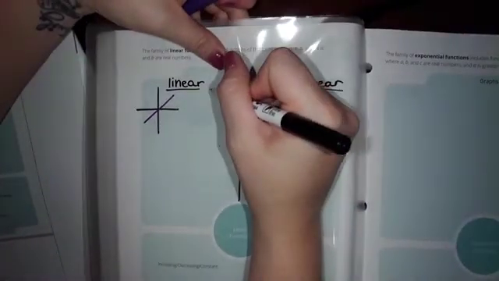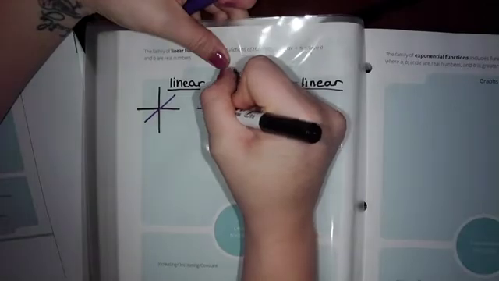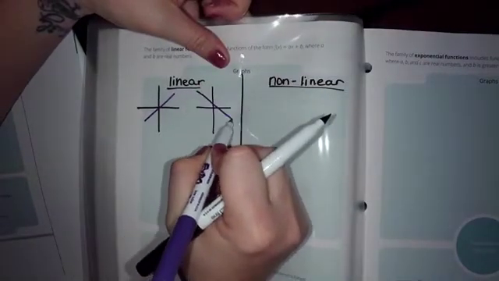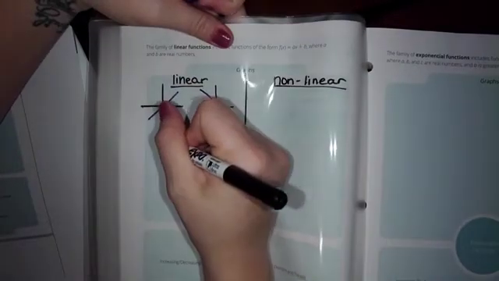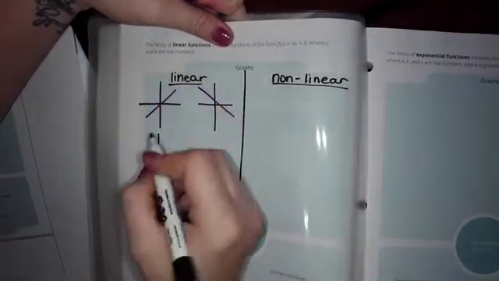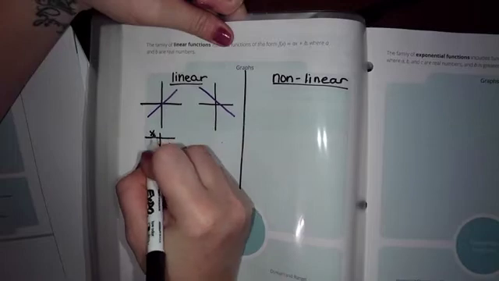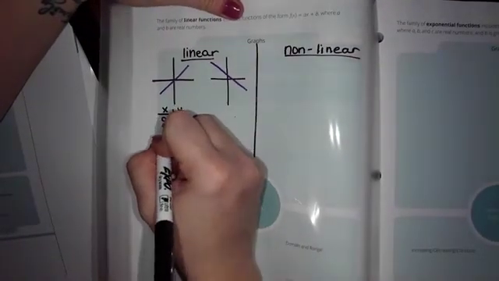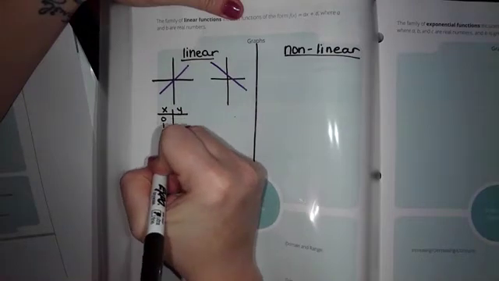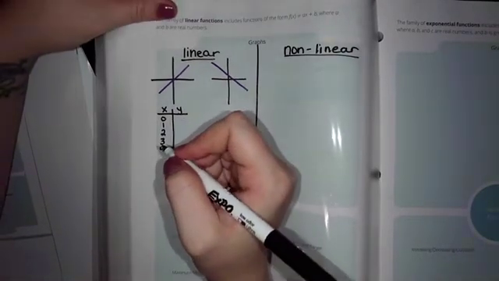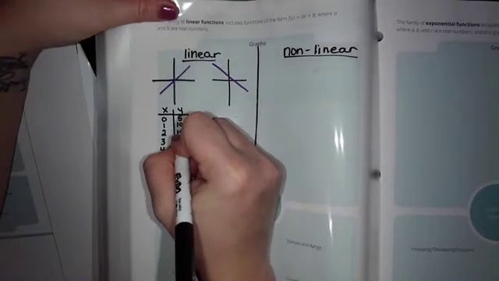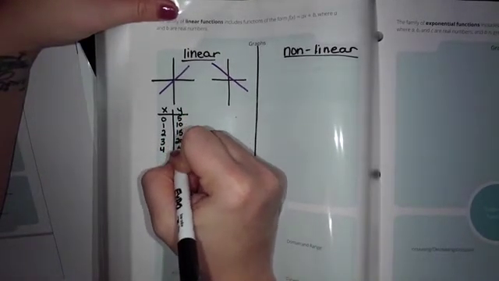Notice it has a straight line, so that's what makes it linear. Okay, you can also have a decreasing function. So x, y, so if I have 0, 1, 2, 3, 4, I could have 5, 10, 15, 20, 25.